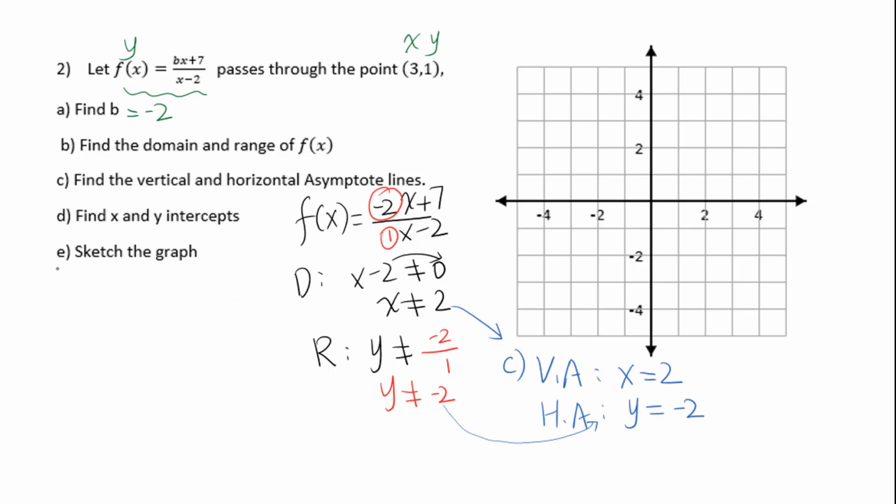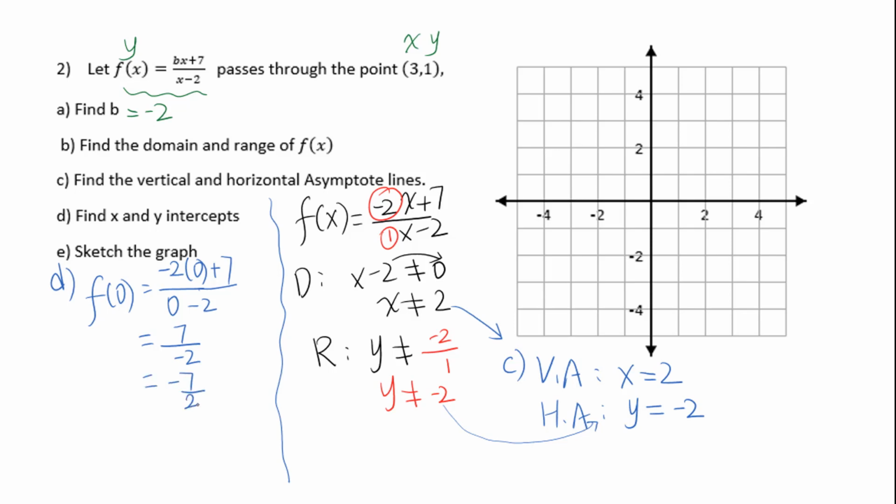Then for D, find the x- and y-intercepts. Let's do the y-intercept first. f of 0 equals (negative 2 times 0 plus 7) over (0 minus 2). So you have 7 over negative 2 equals negative 7 over 2.